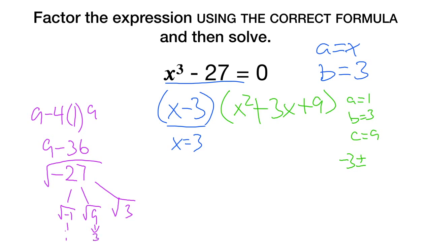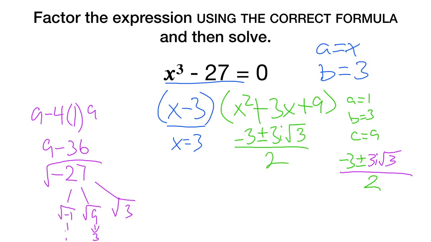So this becomes 3, and this stays square root of 3. So this becomes negative 3 plus or minus 3i square roots of 3 all over, since a is 1, that means all over 2. So can I simplify this at all? Well, let's see. 3 divided by 2 I can't simplify, so it looks like we actually already have our answer. So our other answer would be negative 3 plus or minus 3i square roots of 3 all over 2. And those are all of our zeros.